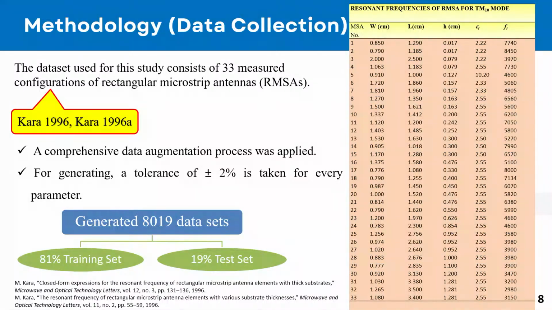So we have used data augmentation, where we varied the parameters by plus and minus 2% tolerance, and like this we generated 8019 datasets, which we divided 81% for training and 19% for testing, so that our model can learn well and generalize well.